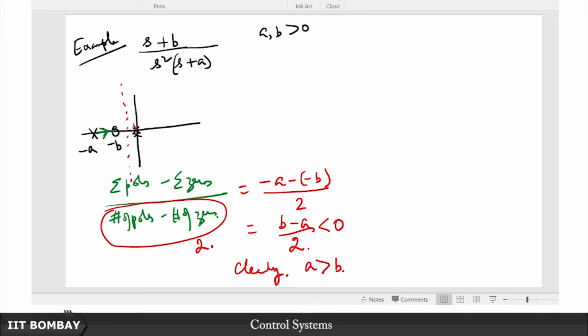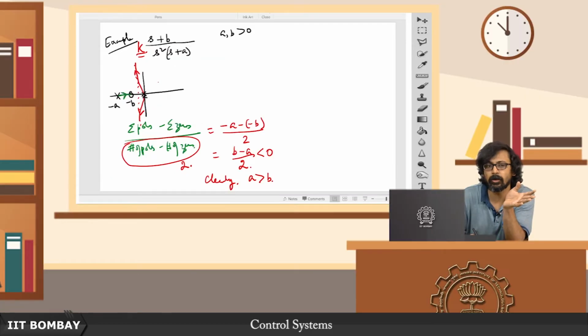So essentially we can imagine that this asymptote would look something like this. In other words, root locus tells us that no matter what you do to the value of this k here, so let me put the k here, at no value of k will you ever find this crossing over from the left half plane to the right half plane, that is the closed loop poles will always remain on the left half plane.